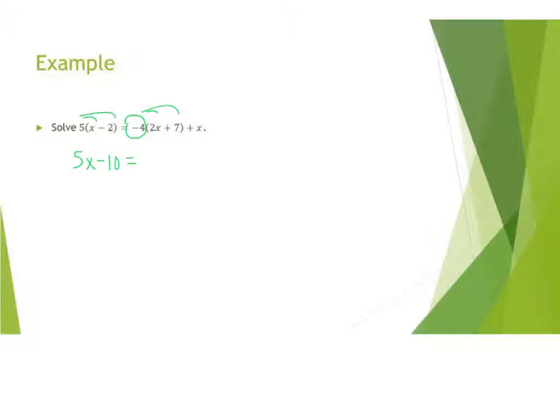Watching your signs here, that's going to give us negative 8x minus 28, and then plus x at the end. Anytime that you have like terms, you always want to combine them. 5x minus 10 equals negative 7x minus 28. Notice negative 8 plus 1 is negative 7.